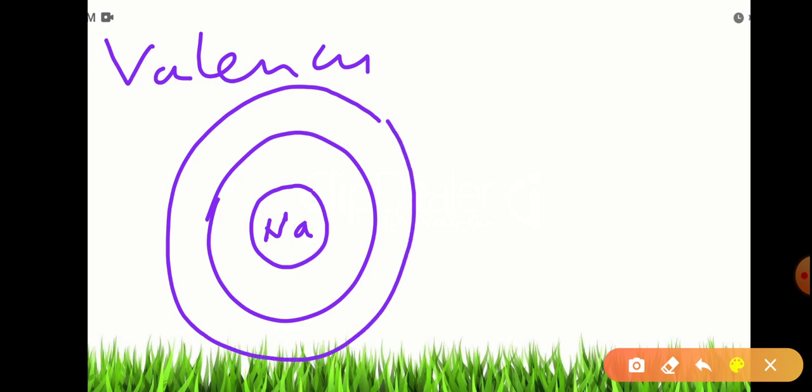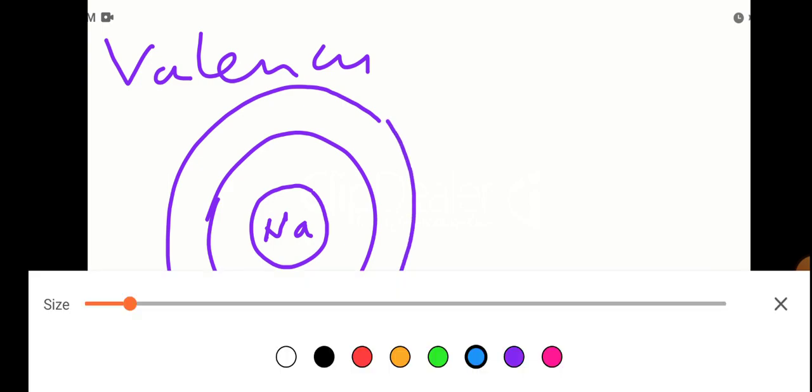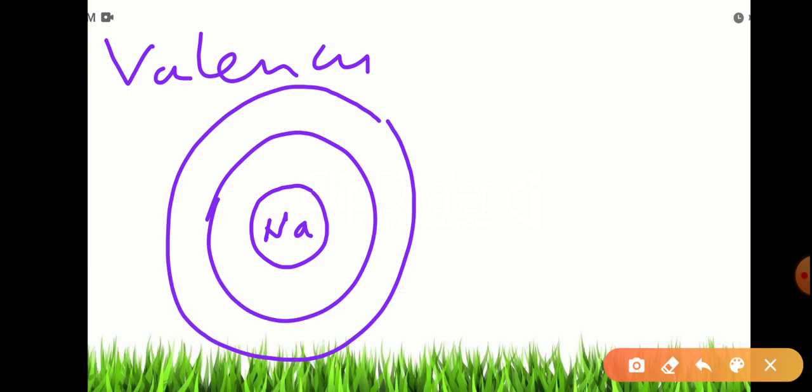And you know that sodium has 2 electrons in the first shell, 8 electrons in the second shell, and 1 electron in the last shell. Different terms will come in this lecture and you have to remember them.